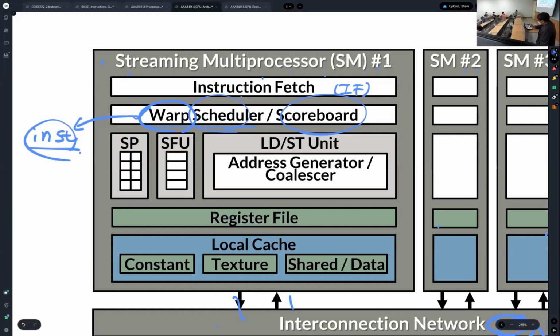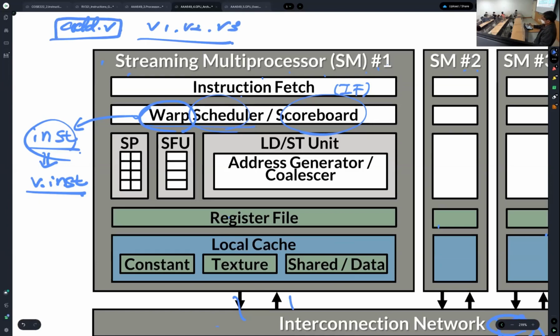Actually, this instruction is similar to the vector type instruction. What is the vector type instruction? Something like add r3, P1, P2, P3. With a single instruction, this instruction handles the vector type data, and multiple elements are included in a single vector data type.